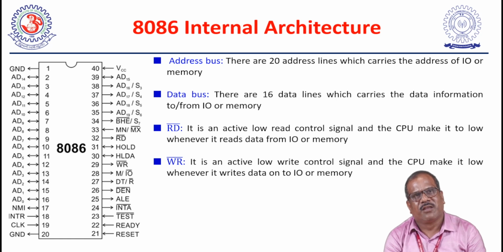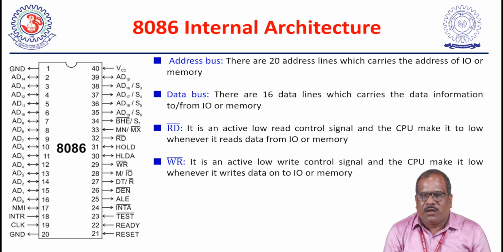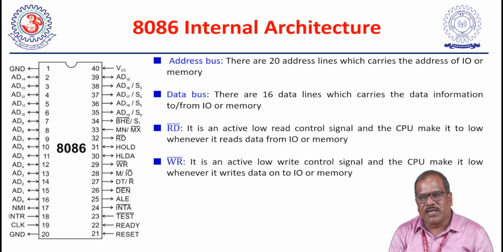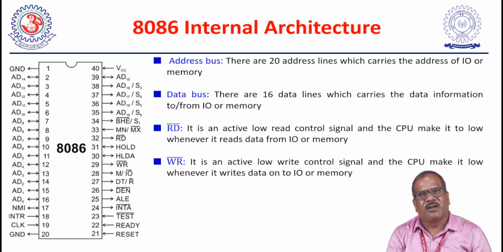This is the function of the multiplexed address data lines. The next one, control signals. Here we have the read control signal, write control signal, memory/IO signal, data transmit/receive, and data enable. So these are the control signals in 8086.